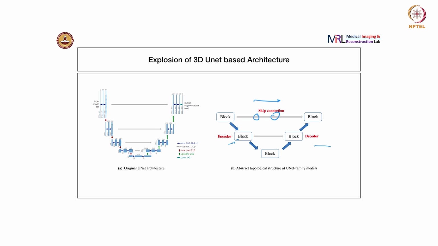All of these are possibilities when you do the skip connection also. So this is the general abstraction for the various UNet-based architectures that are out there. Some variation of this is typically employed to get better results, depending on the problem.